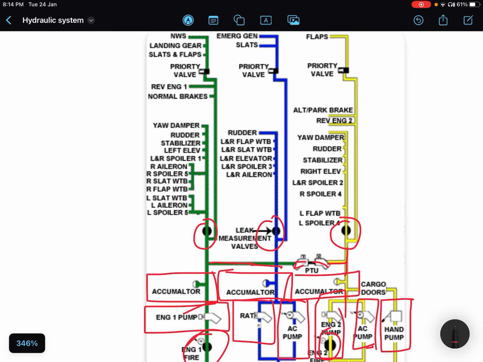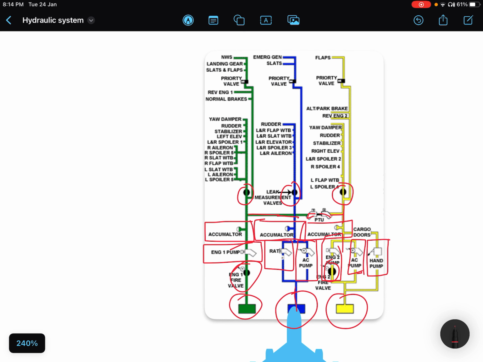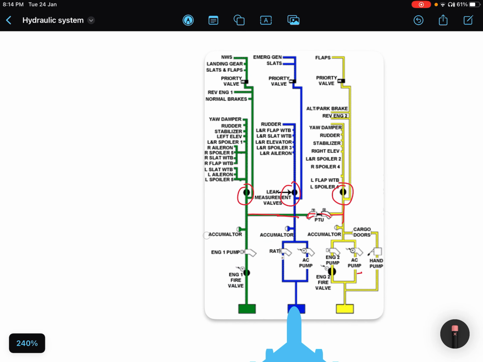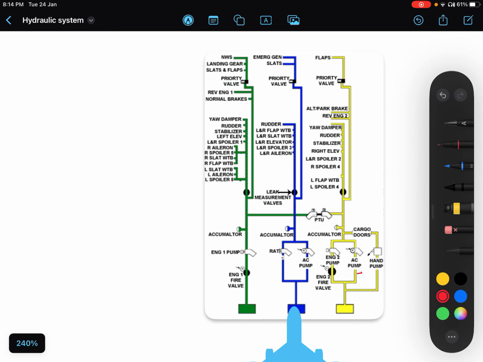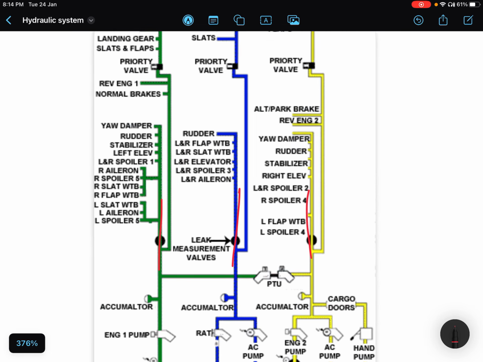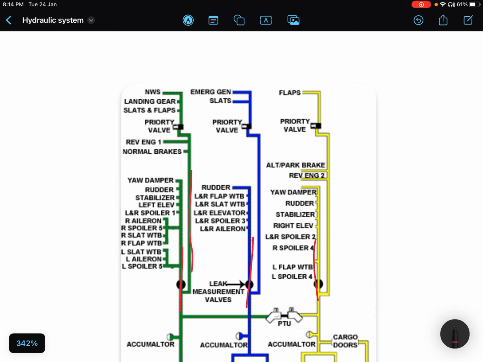Now this pressure is given to different systems further on. For example, the green system supplies landing gear, flaps and slats.